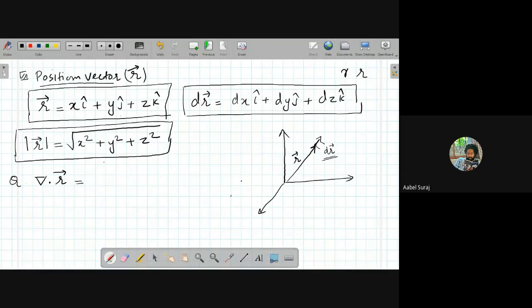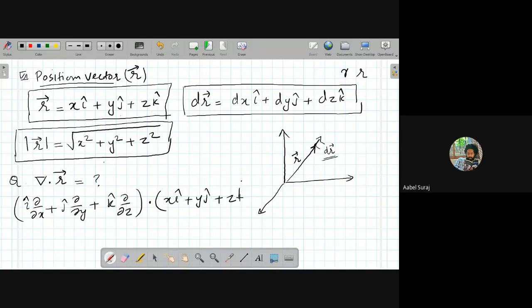Del is i dou by dou x plus j dou by dou y plus k dou by dou z, dot the position vector r, which is xi plus yj plus zk. Anybody knows the answer? The answer is 3.